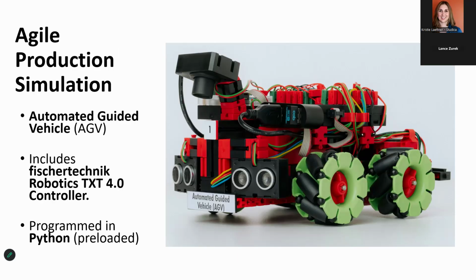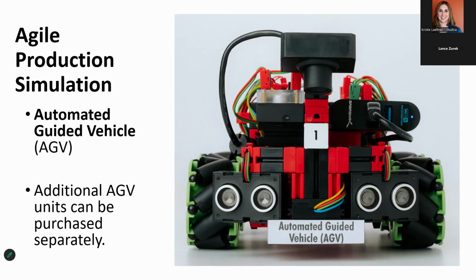And just to provide a little more information on the AGV, which transports the workpieces from one module to another, each AGV is controlled by a fischertechnik Robotics TXT 4.0 controller, which has been pre-programmed using Python. The AGV is a track-bound vehicle that follows the printed black lines, which you've probably seen on the factory floor here, or these tracks here.